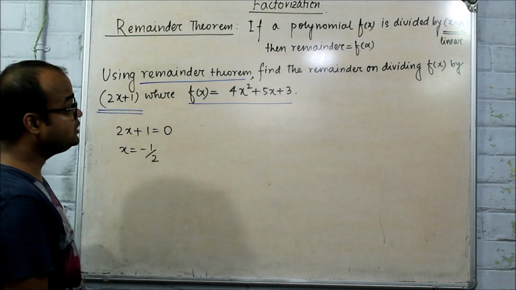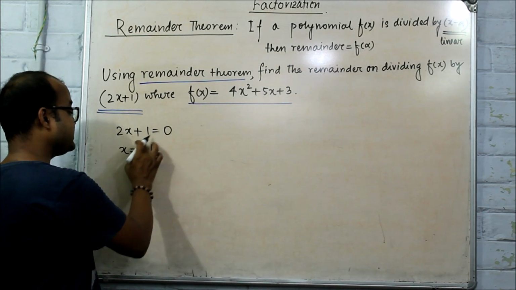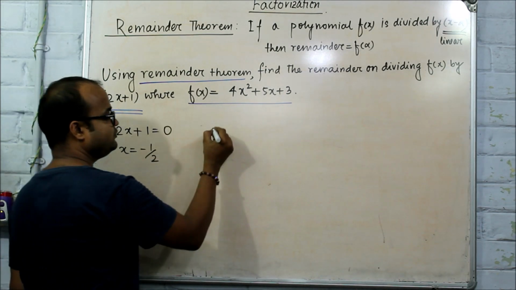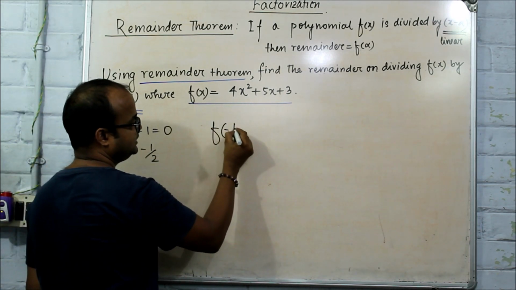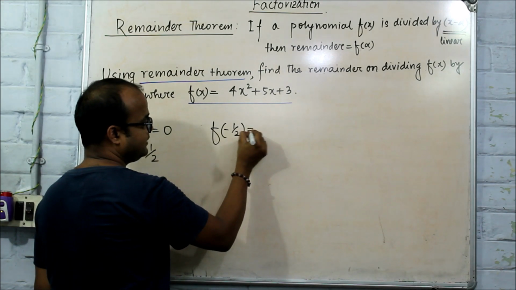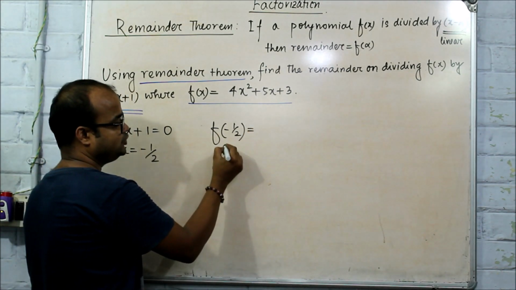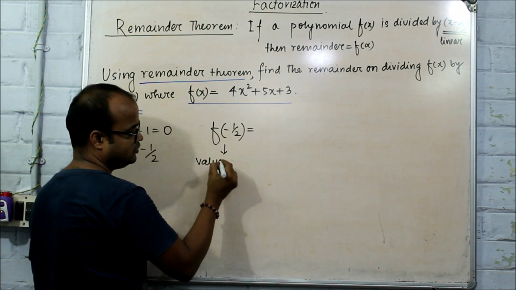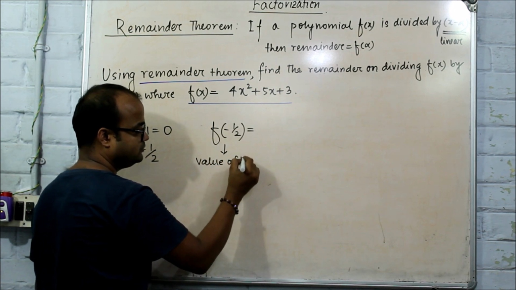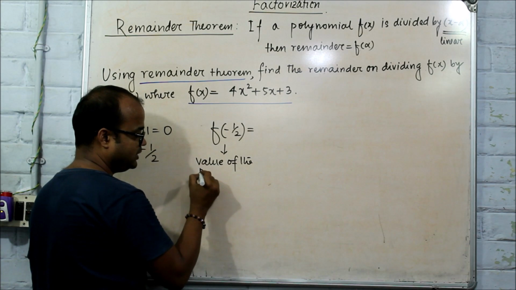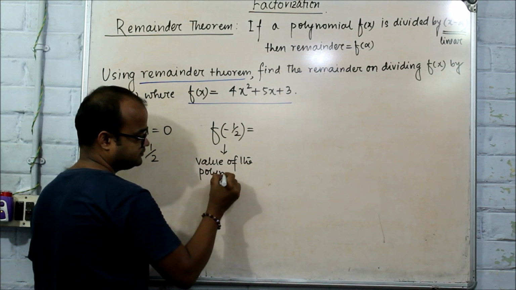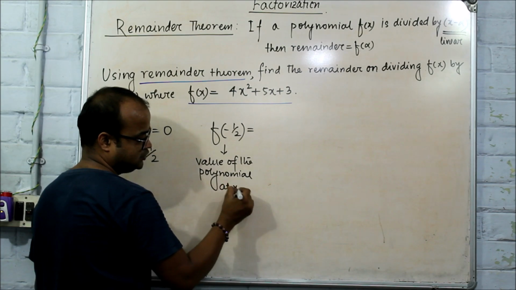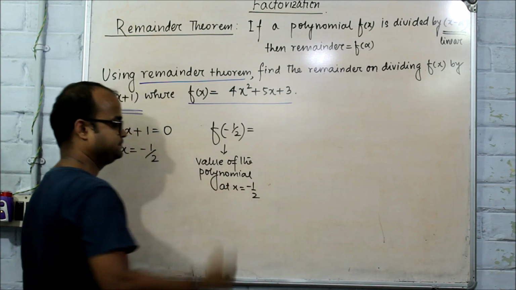So what is the remainder theorem? Substitute x equal to minus 1 by 2 in the given polynomial. So we substitute f(minus 1 by 2). This f(minus 1 by 2) we call the value of a polynomial. So this is for your knowledge, this is called the value of the polynomial at x equal to minus 1 by 2.